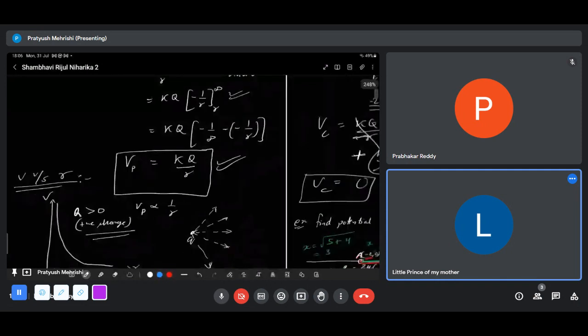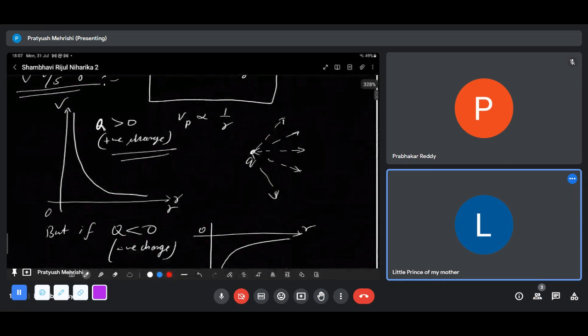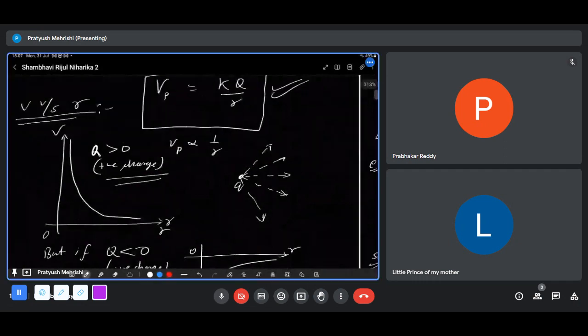Now, from this formula we can see that potential is inversely proportional to the distance.